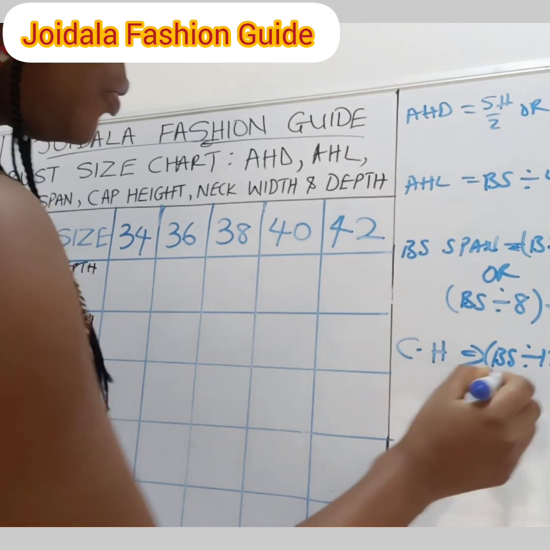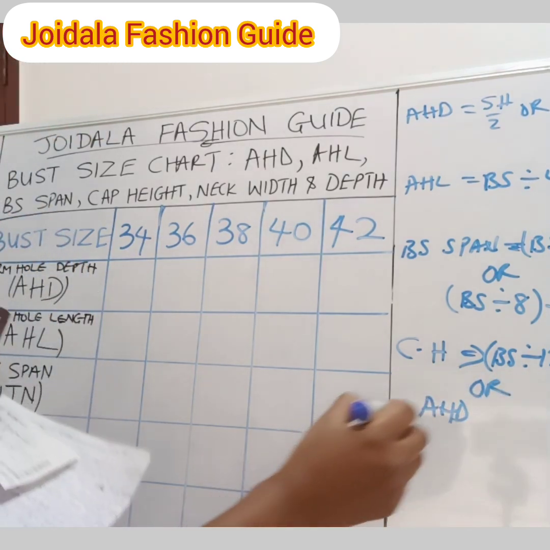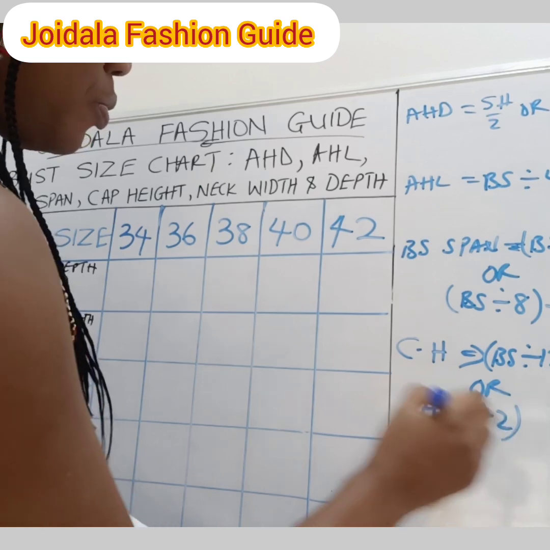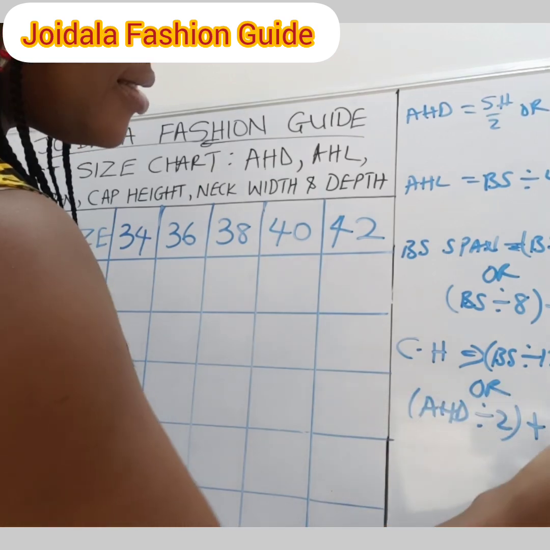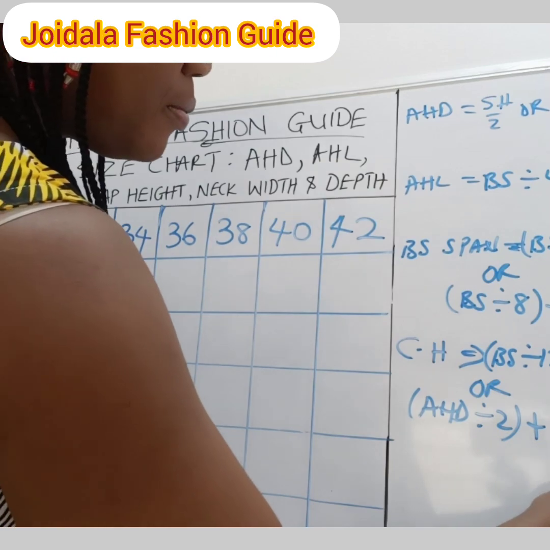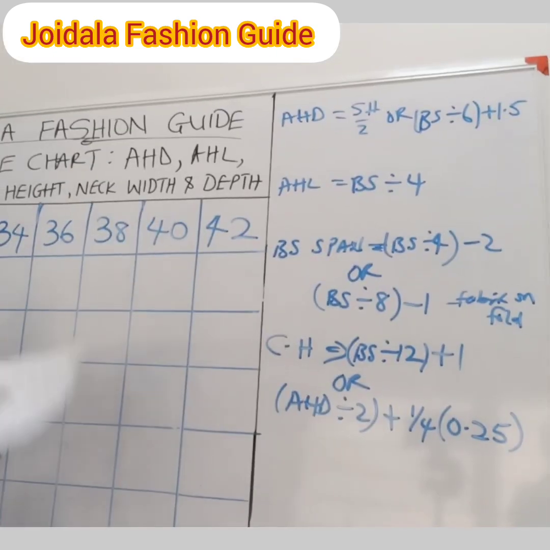Or you use the armhole depth divided by 2 plus a quarter, and a quarter is the same as 0.25. So these are the two methods you can use to calculate the cap height.